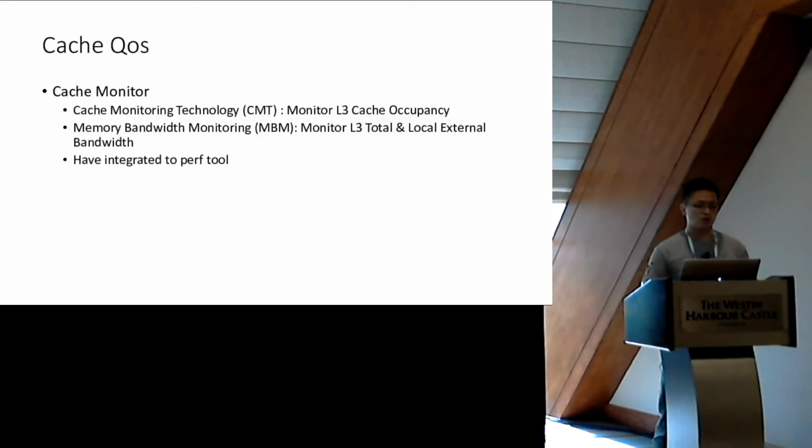The Linux perf tool supports this feature, so we can directly get the perf tool from the source code of the Linux kernel and use it to monitor the usage and the bandwidth of the cache for a specified application.